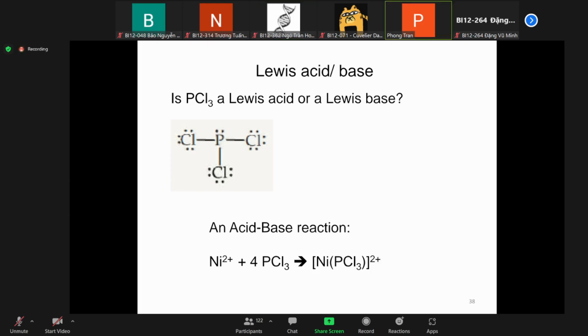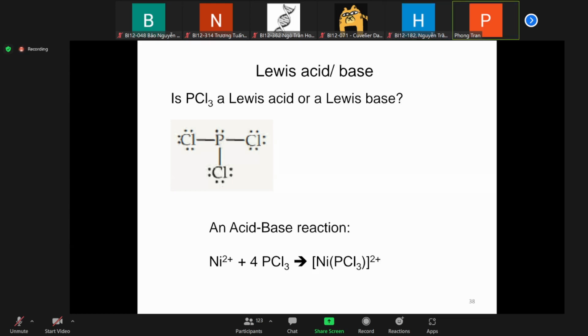Okay, thank you for this question. Can anyone help answer the question from your classmate? Maybe if it donates a proton, then it would be an acid, and if it takes a proton, then it would be a base. Okay, thank you.